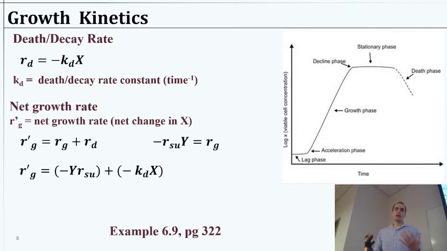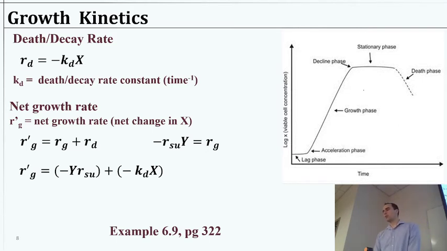So that brings us to a net growth rate, where R prime of G would describe the net amount growing, or net change really, the net growth or decay that we are looking for.